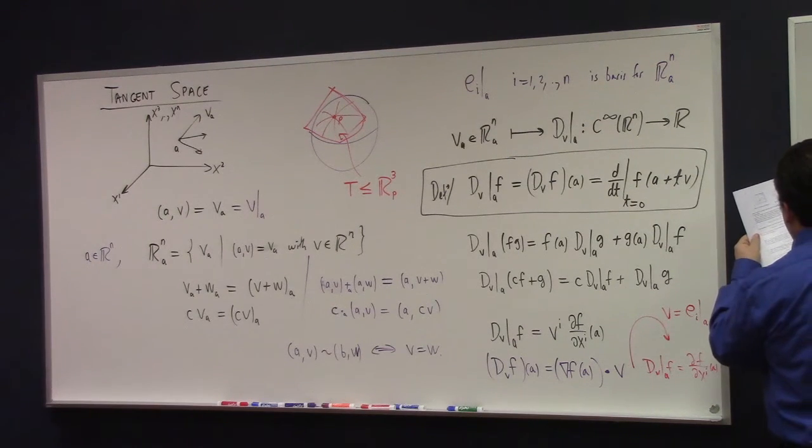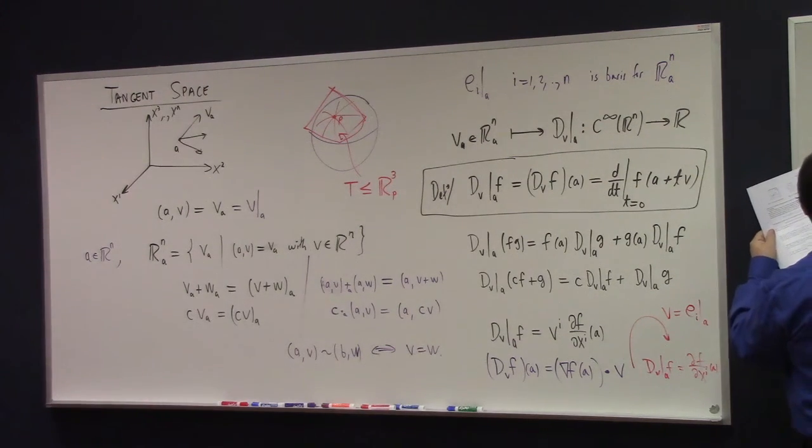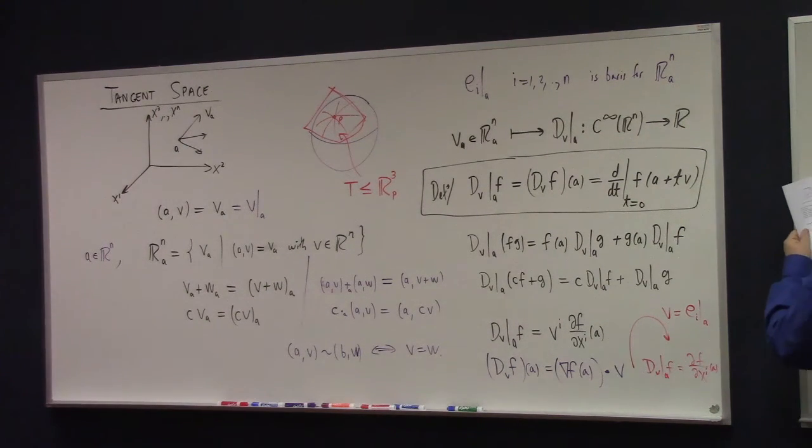So if a is a point in R^n, and W is a mapping from C infinity of R^n to R, excuse me, that's not a smooth function, this is a mapping from smooth functions to the reals.